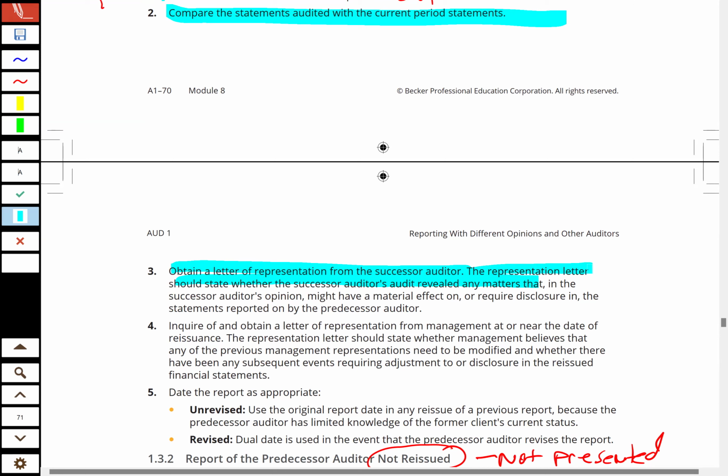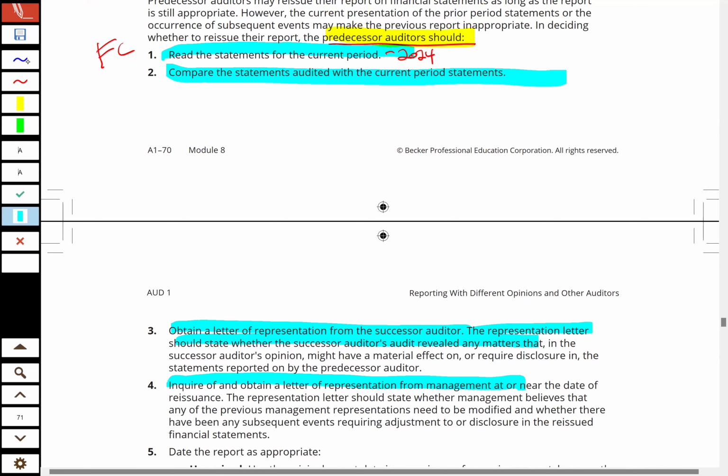I have 365 days of hindsight, and if I become aware of something that indicates that your report should be changed, I would be obligated to tell you that. And then management will give you a representation letter that they're not aware of any changes that need to be made. So once you get all of these things that are on this flashcard, then it would be okay for you to green light me to present your report.